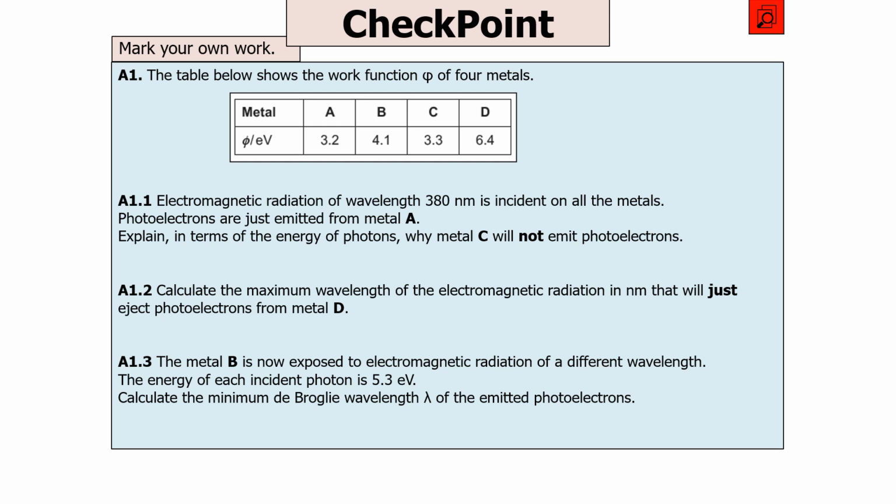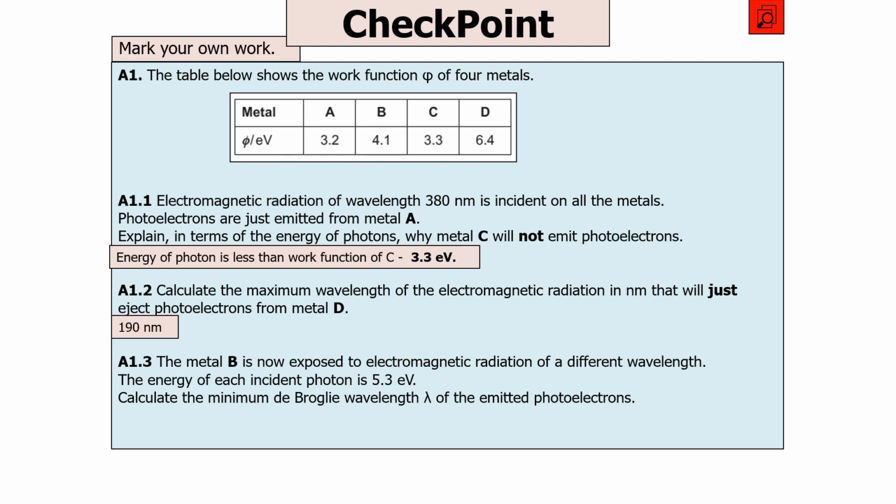Right, so it won't emit photoelectrons because the energy of the photon is less than the work function. So when you work it out, doing E equals hc over lambda, working it through in joules, then working out the value in eV by dividing by 1.6 times 10 to the minus 19, the energy is less than the work function. Now, what's the maximum wavelength?